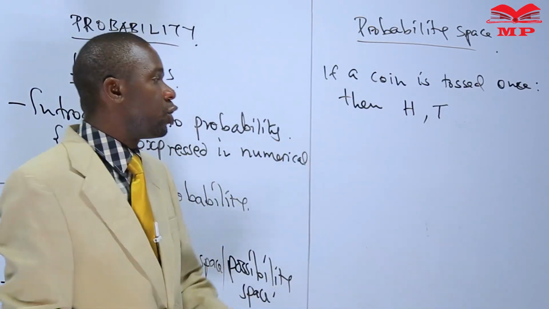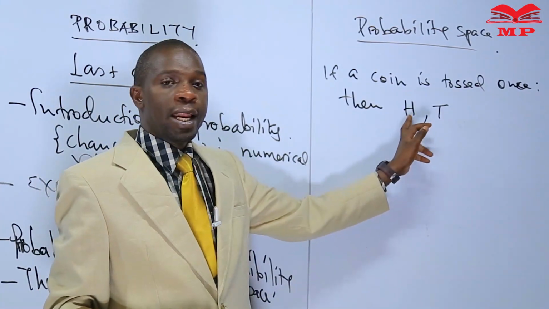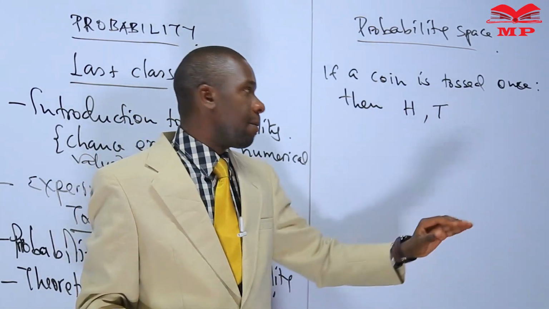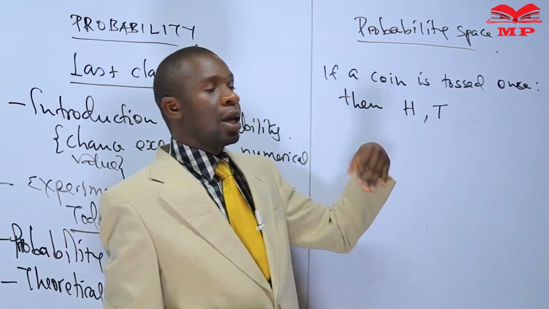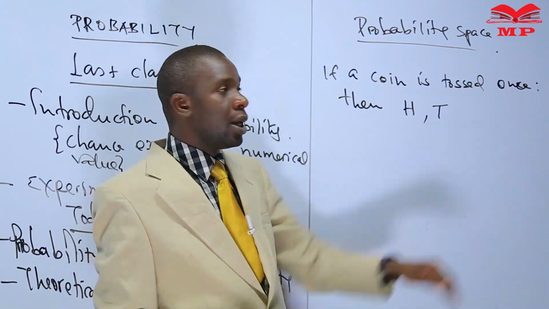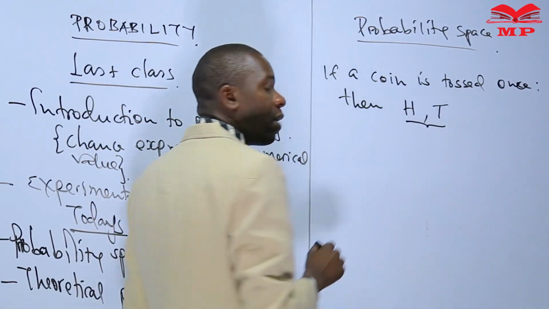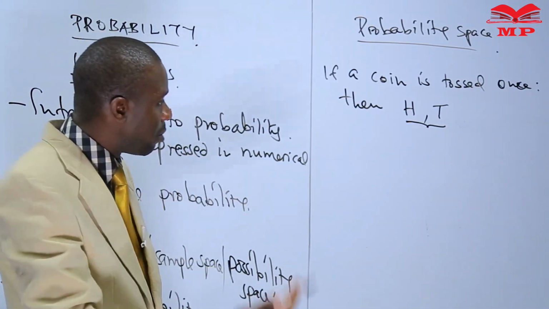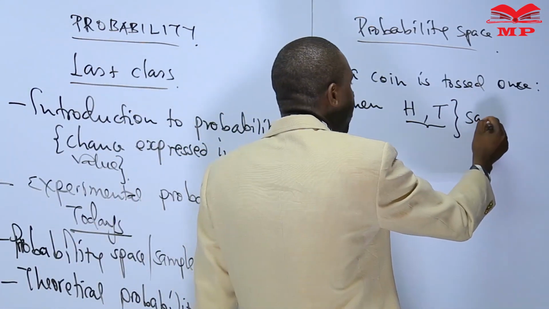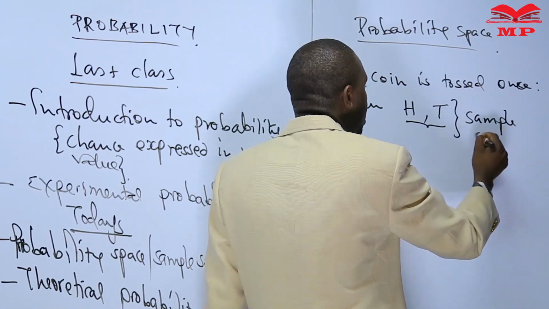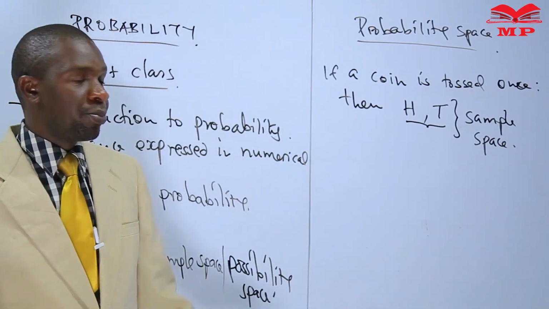Now, when I write H in case of a coin, we are going to be using this severally. This means a head and T means a tail. So the possible outcomes here is either head or tail. Now, this head or tail, this is the total number of outcomes we expect. These outcomes is what we are referring to as a sample space.